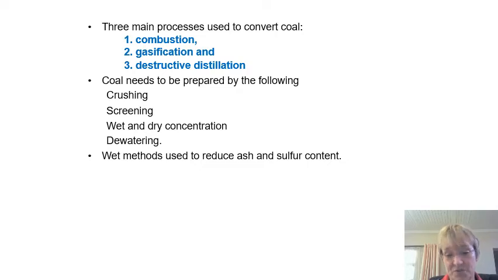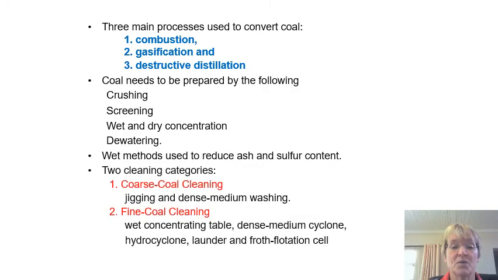That is very good for preventing air pollution. With the coarse coal cleaning, it's jigging and dense medium washing that they make use of. The jigging is referring to air blast, where they get rid of rock material. That is with the coal.